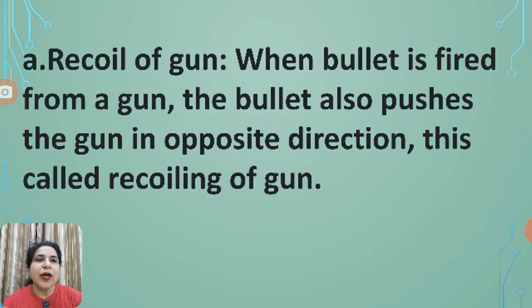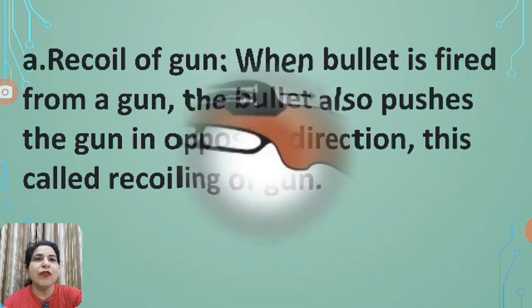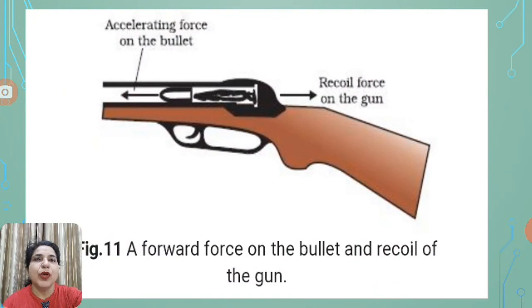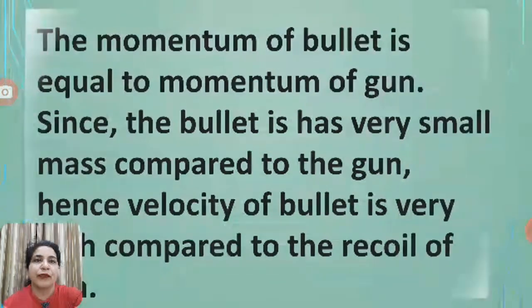Recoiling of a gun can also be understood by the law of conservation of momentum, which you have also seen in the application of Newton's third law. Recoiling of a gun means that when the bullet moves in the forward direction, the gun moves in the backward direction. This is called recoiling of the gun. So the momentum of the bullet-gun system is conserved.